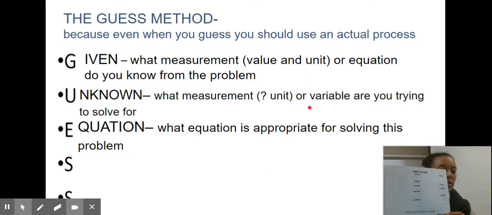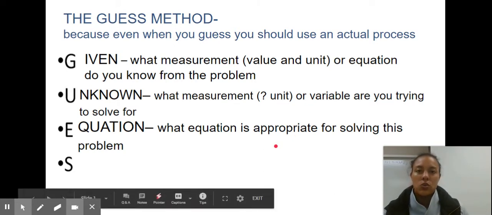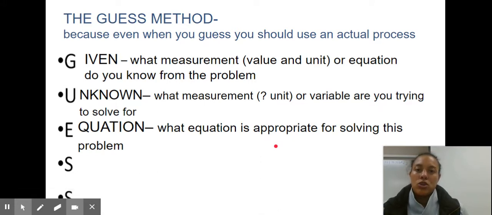You can just go straight to our handy dandy reference folder and figure out what equation am I trying to solve for in this case, which one is appropriate for the question that I'm trying to answer, or are there multiple equations that I need to use in order to get to the correct answer? So you'll list those out.